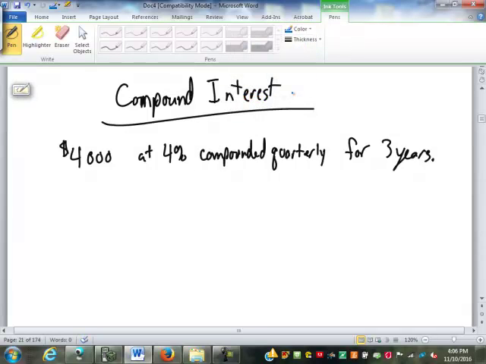So instead of figuring out the interest for the whole 3 years, I have to figure out the interest 1 quarter at a time. So in quarter 1, my interest is $4,000 times a rate of 0.04 times 1/4 of a year.